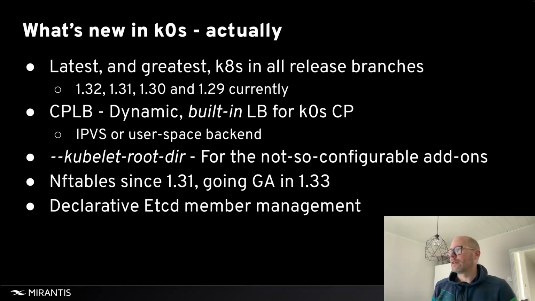So how it works is it's a VIP, virtual IP based solution, and we didn't reinvent the wheel. No one wants to reinvent the wheel. So it's actually using Keepalived for the virtual IPs, and then IPVS or a user space backend doing the actual load balancing.